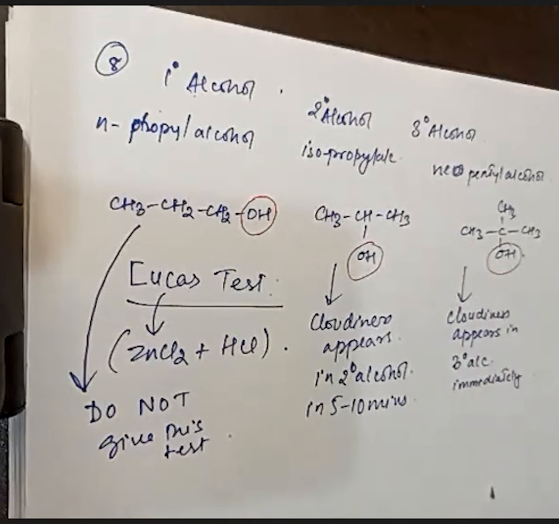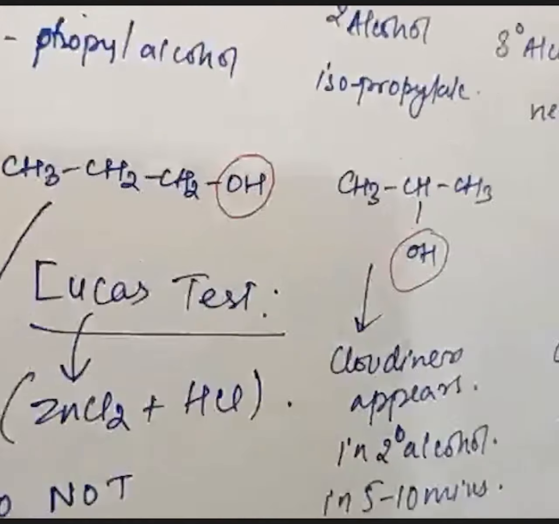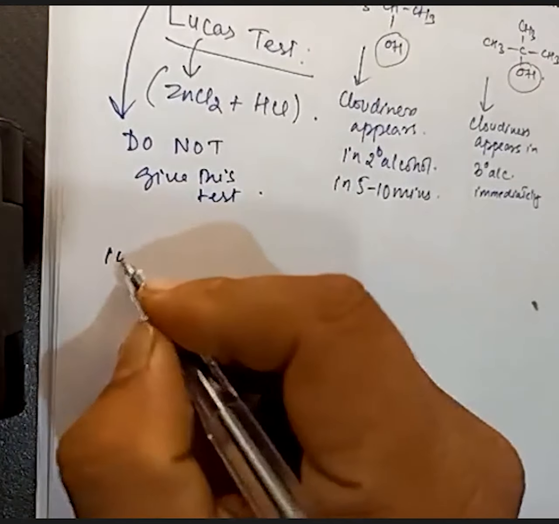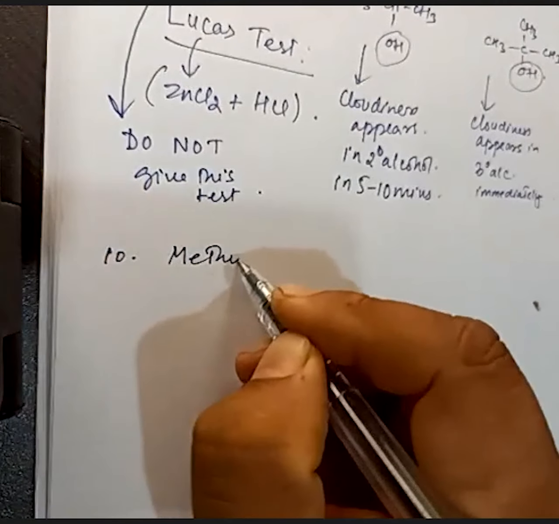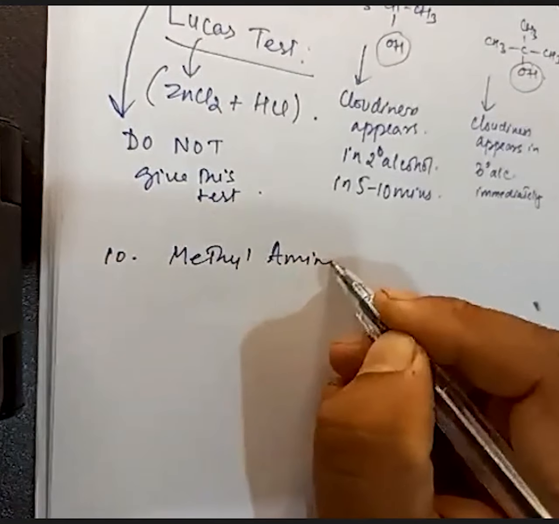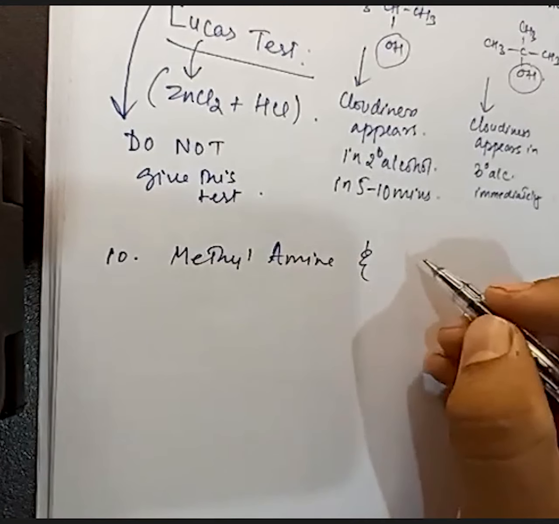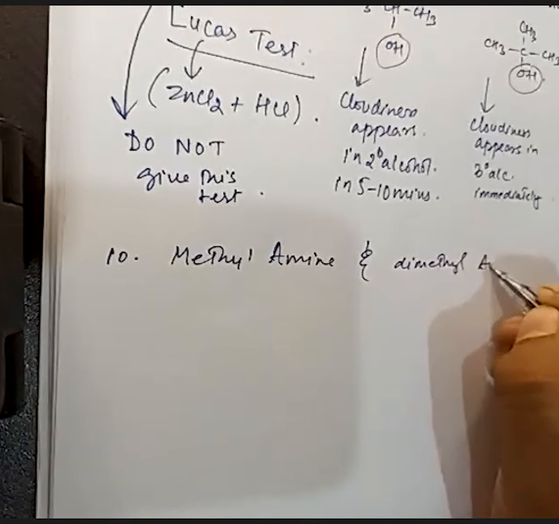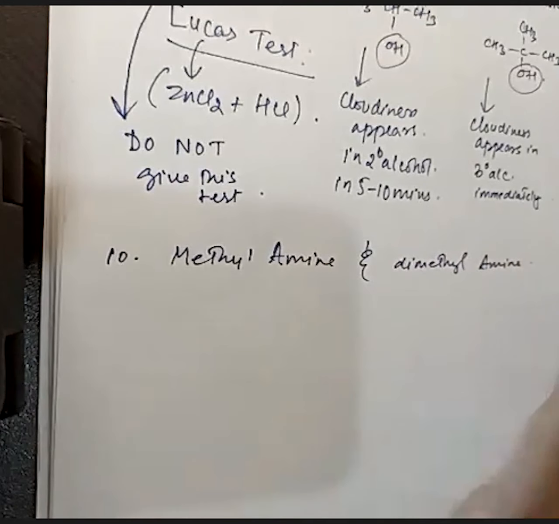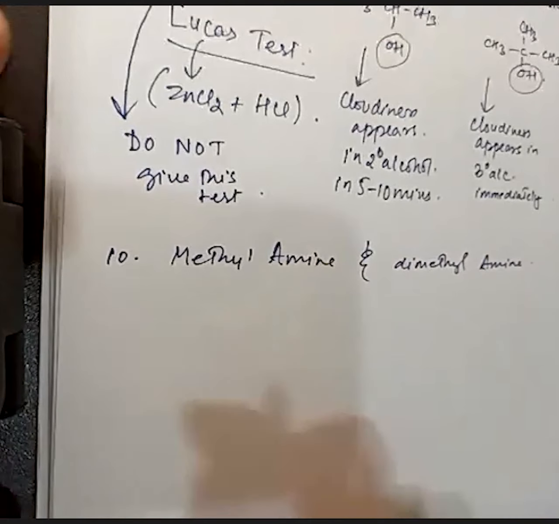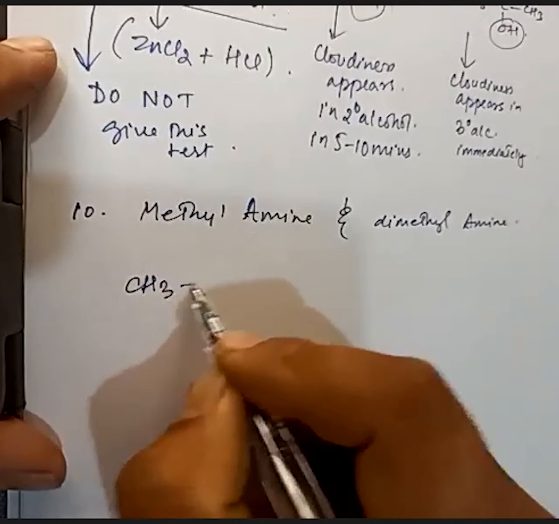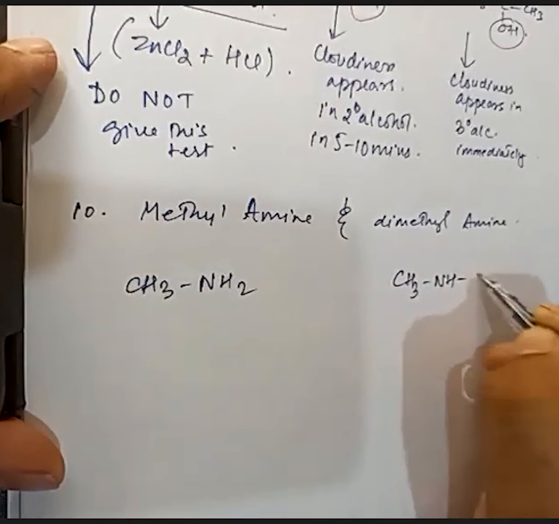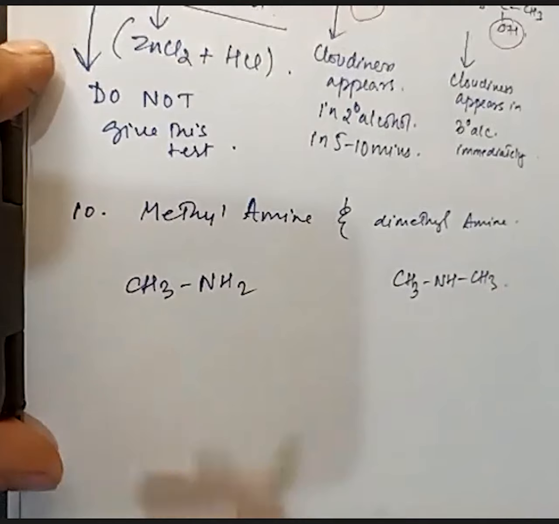Next is methylamine and dimethylamine. One is CH3NH2, methylamine, and the other is dimethylamine, CH3NHCH3.